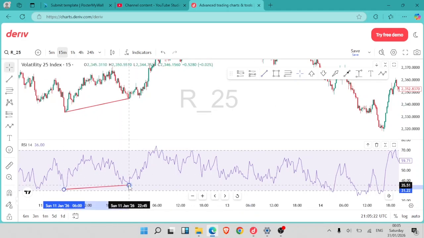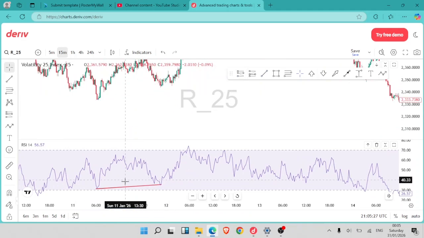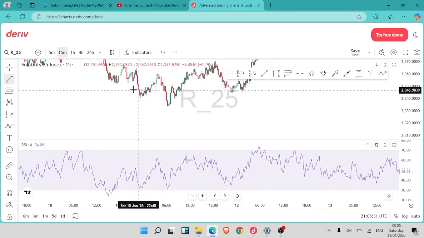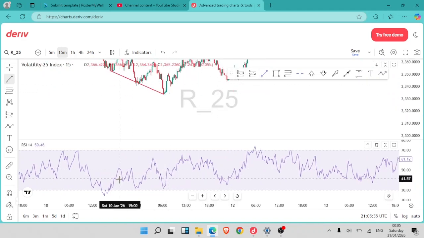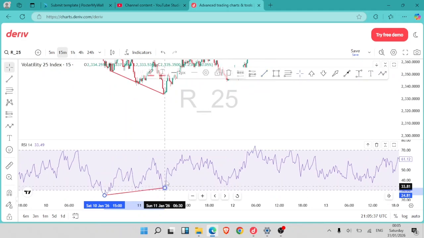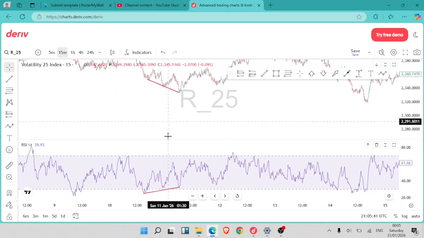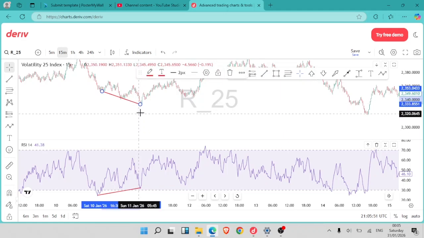But in some cases, you will have price forming a lower low, but RSI is doing the opposite, higher lows and higher highs. When this is happening, this becomes a divergence, and these divergences are a signal of price reversing in the direction you expect it to.